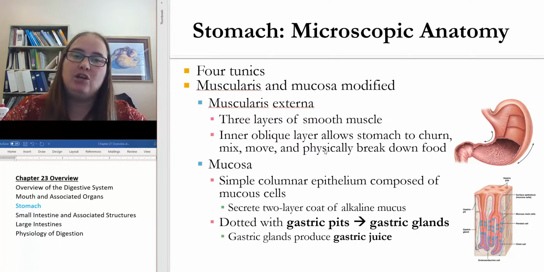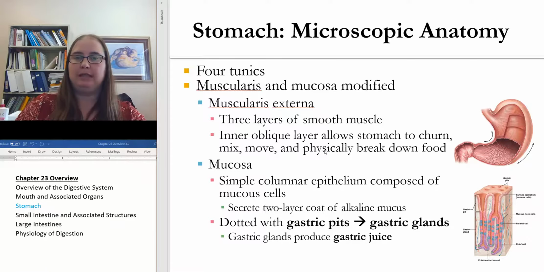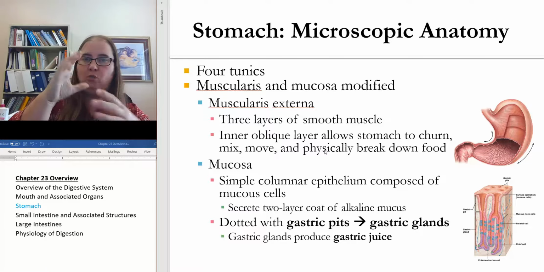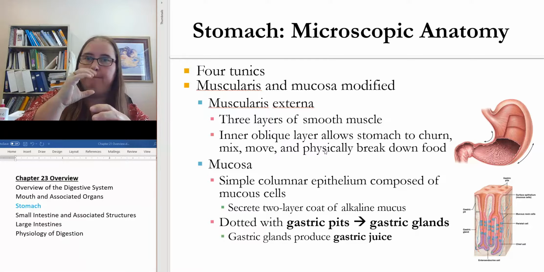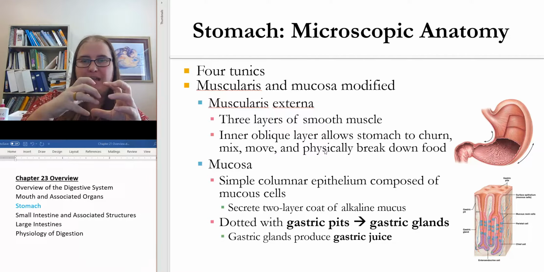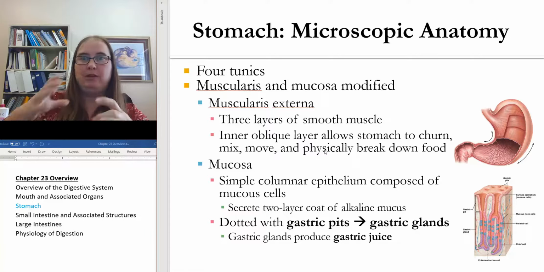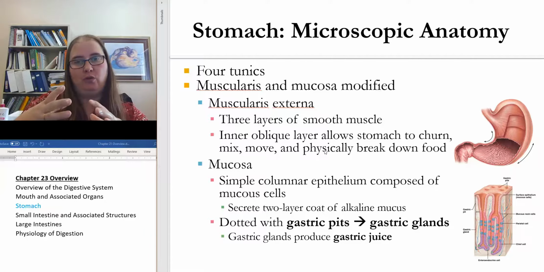So that inner oblique layer, okay, allows the stomach. Normally the other 2 layers really allow for mixing or forward and back movement. Okay, so peristalsis and segmentation are really good for those 2 layers.